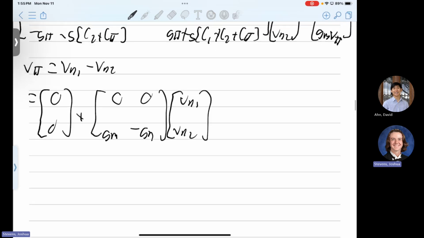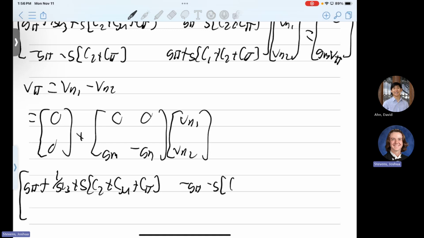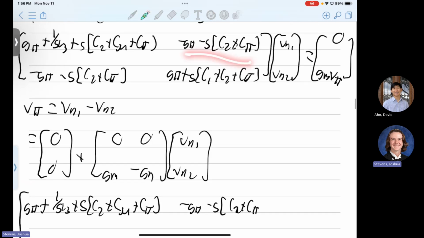I'll just do this. I want this over a little bit. This then becomes G pi plus 1 over SL3 plus S all times C2 plus C mu plus C pi. Am I still going too fast or am I chilling? Good. Okay. And then the top one stays the same: negative G pi minus S times C2 plus C pi. I just copied this exact thing.